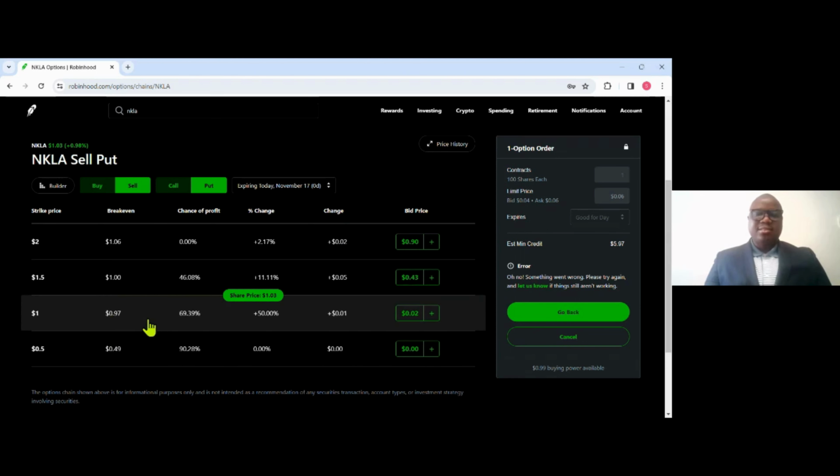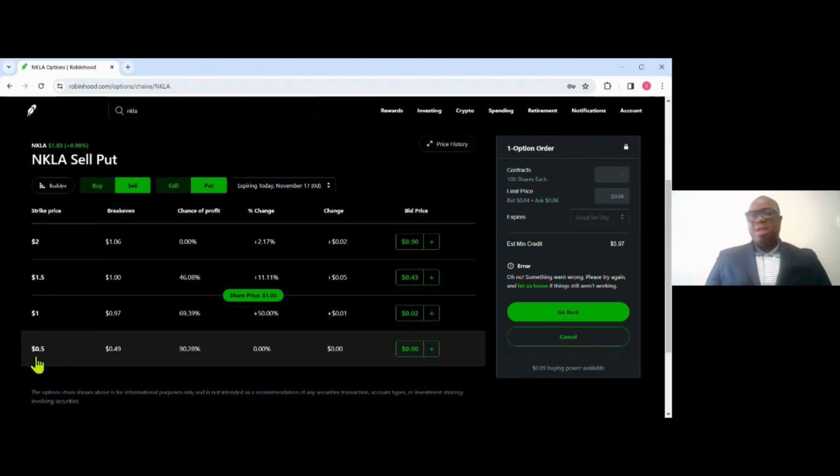So if the price drops below $1, because your strike price is $1, and you are paying the premium of 2 cents to acquire that contract, the buyer will make profit.